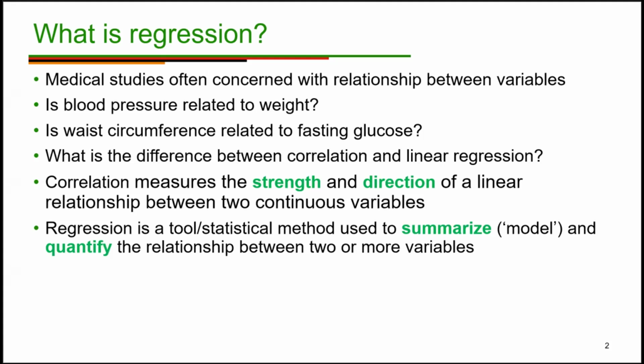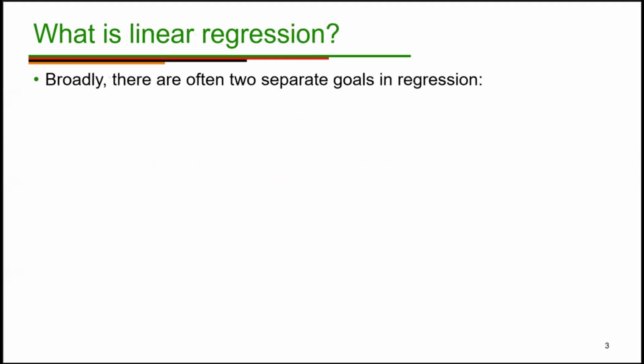And that's what your regression will do by summarizing that through a formula and then quantifying what that increase would be for your blood pressure for every unit increase in weight. And then you can take account of other variables that could also explain that relationship. And so ideally, regression will do more than what your correlation would do.